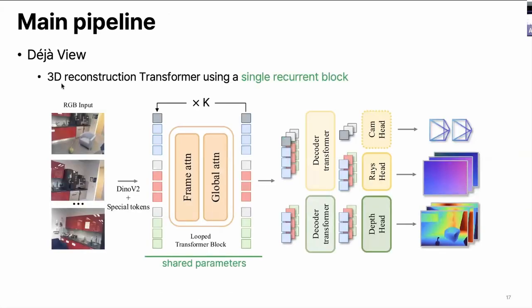And this is the main pipeline of Déjà again. They first extract image features using DINOv2 and feed these features into a loop transformer block. This block is applied k times with shared parameters, and after the recursion, they add the final state to decoder branches.